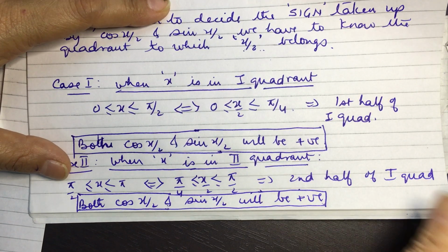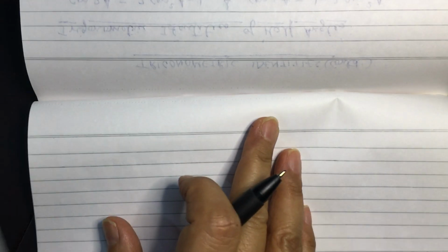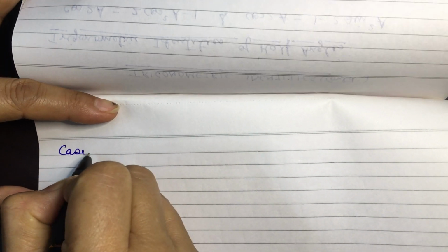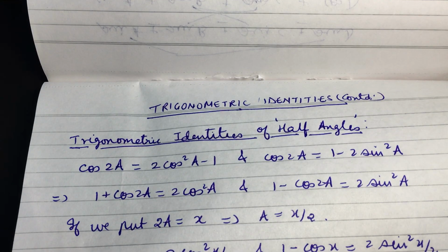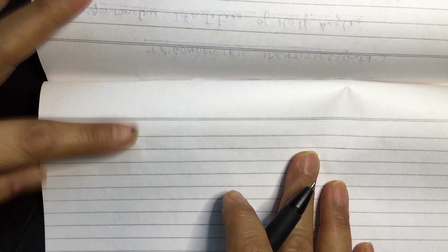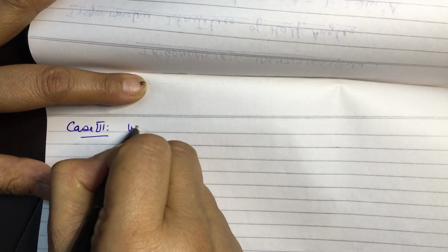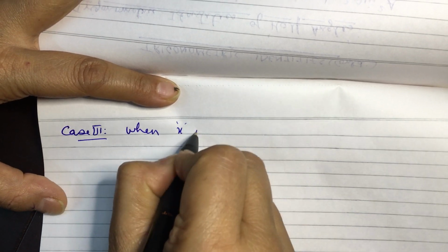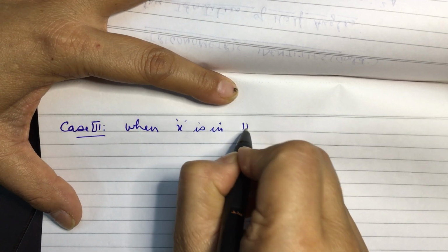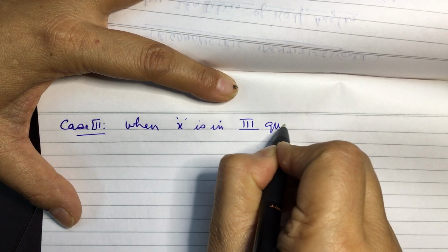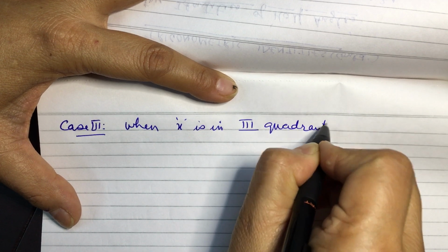Now let's see what we get when x is in third quadrant. Case 3 is when x is in third quadrant.